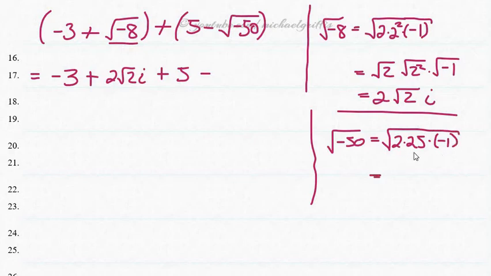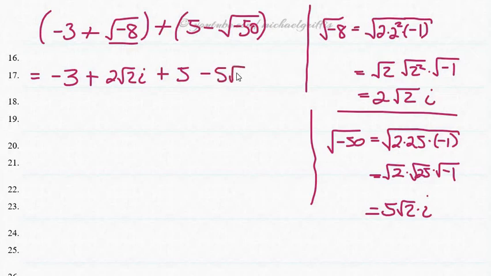We can break this up as the square root of 2 times the square root of 25 times the square root of -1. Okay, the square root of 25, we're going to bring that out front. I. How's that? So this is going to reduce down to 5 times the square root of 2i.